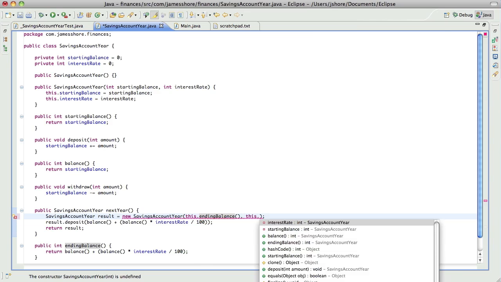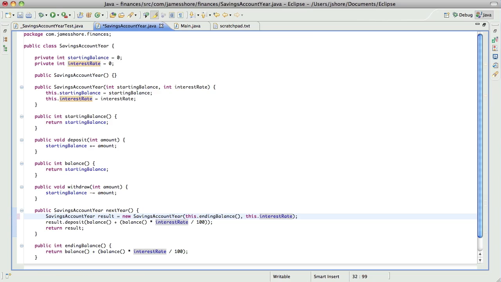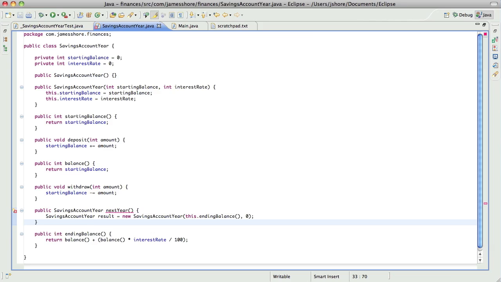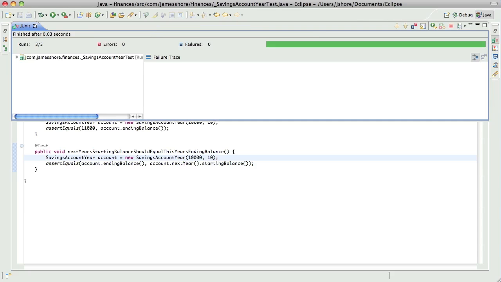And our interest rate. Cool beans. Actually, let's set that to 0 because we didn't tell it. We didn't test anything about what our interest rate should be, so I don't want to make any assumptions. Okay, and we'll need to return that. There. Great.